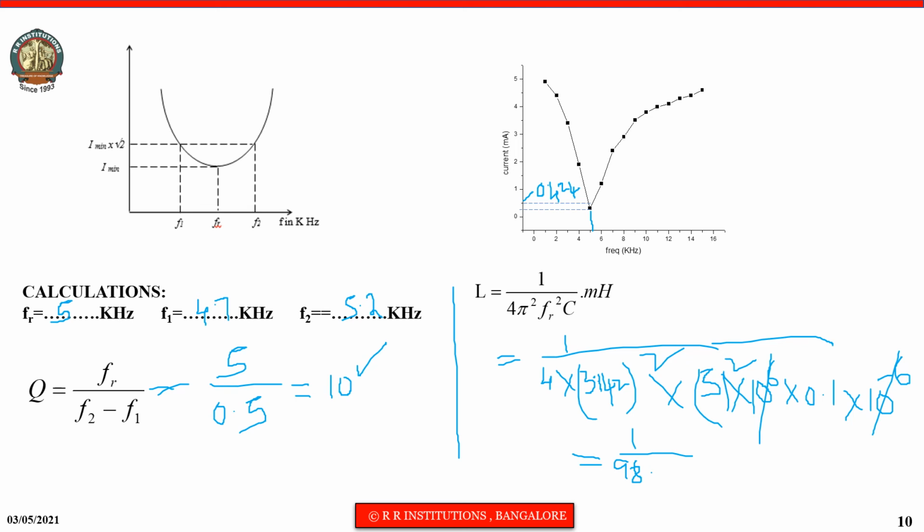Multiply with 10, so it becomes 98.7. We are going to get 0.0101. It is inductance, so measured in Henry. So I can write it in terms of Henry by shifting the point 1, 2, 3. So it is 10 into 10 to the power of minus 3, and 10 to the power of minus 3, I can write it as millihenry. So the inductance used in the circuit is 10 millihenry.